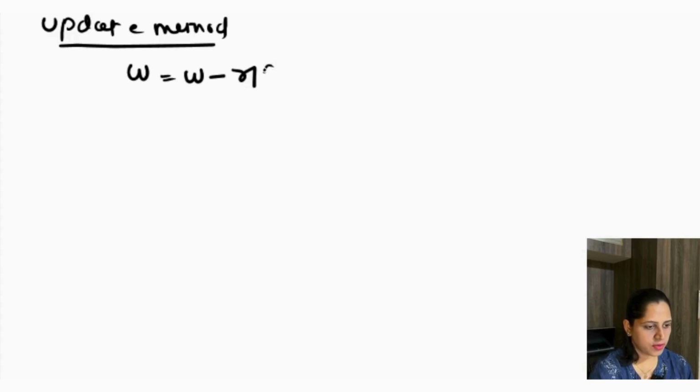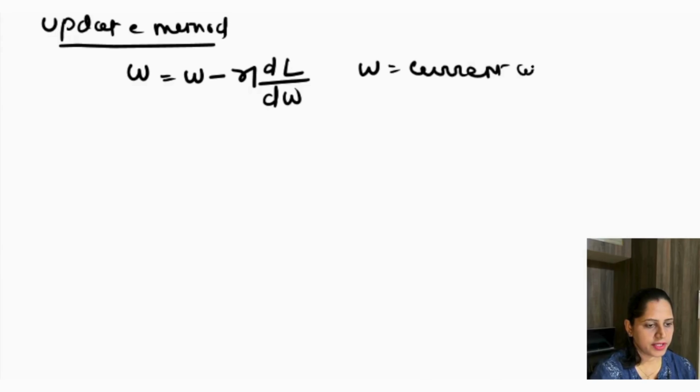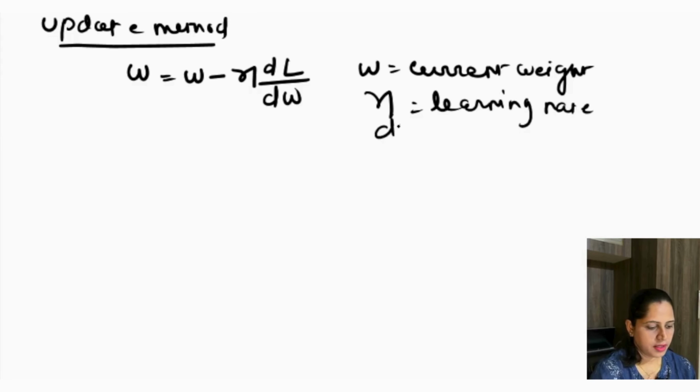And we know that we have the learning rate. Here, W is the current weight, then this is my learning rate, and dL/dW is your gradient.